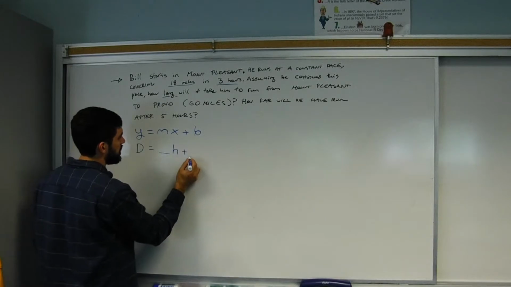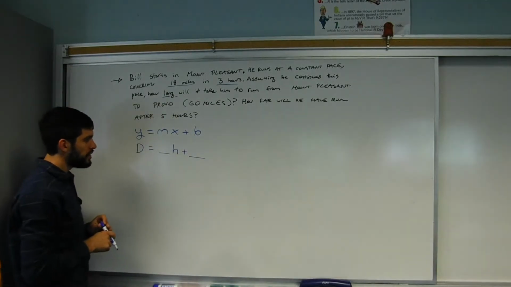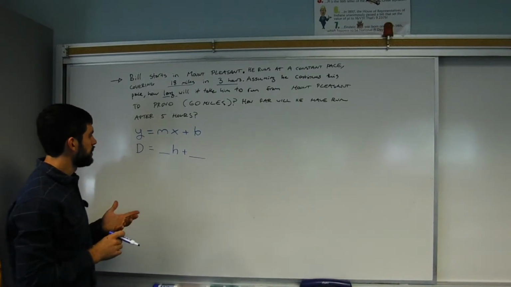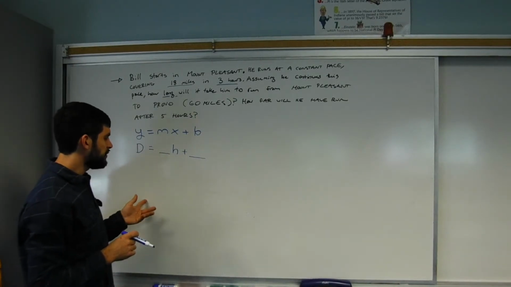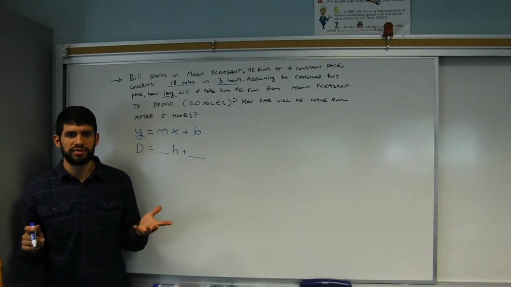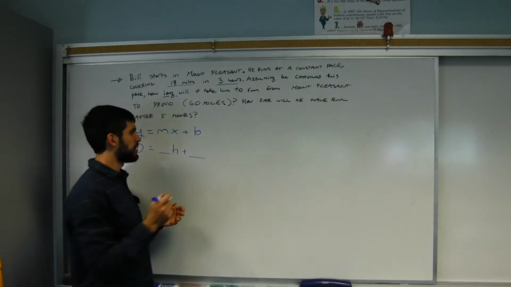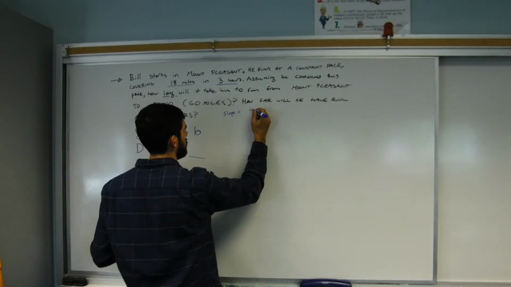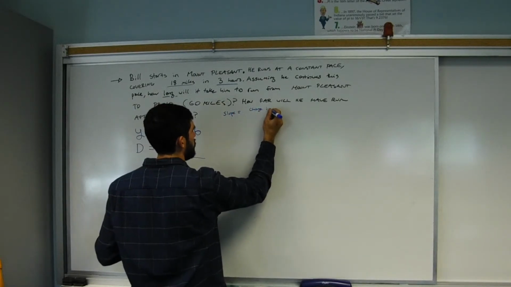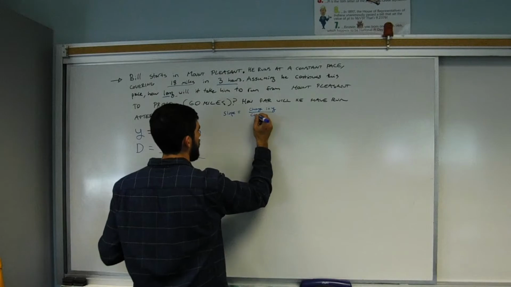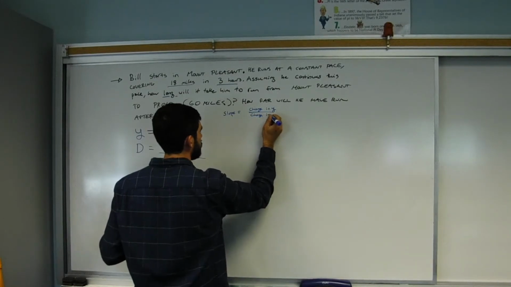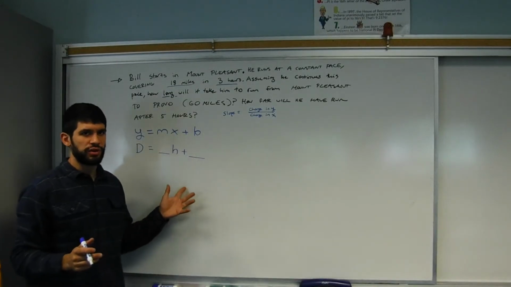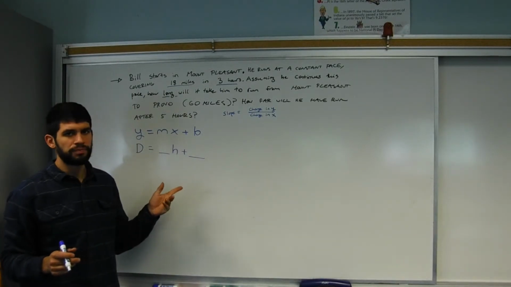So we have 2 slots to fill. We have the slope and our initial value. So to find the slope, we're actually going to need to do some work here. So recall that our slope is equal to our change in y over our change in x. And we're not just flat out given our slope like we were in the last problem.